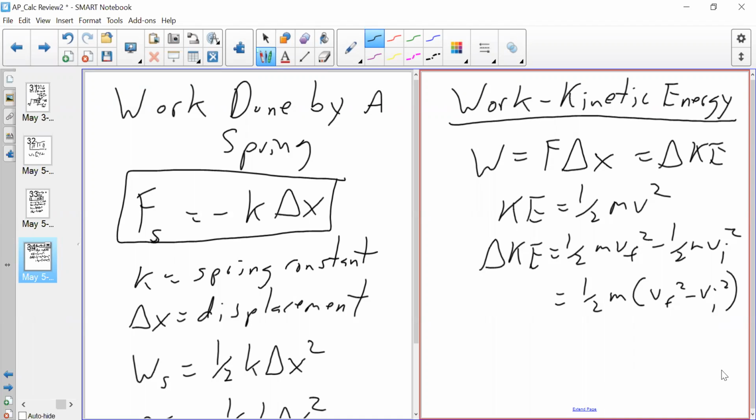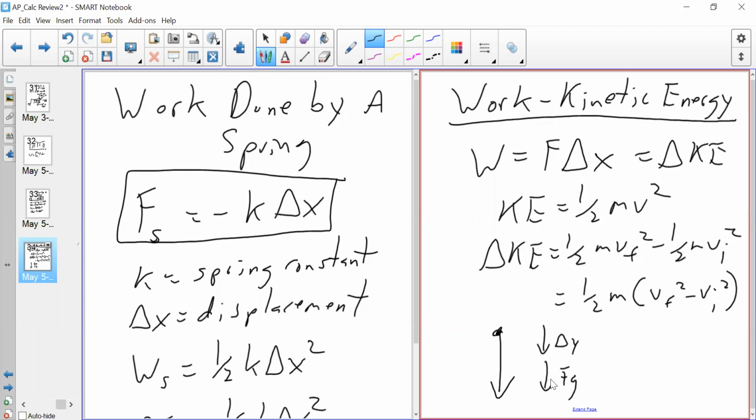We also know that when an object is falling, the work done by the force of gravity is going to be positive, because the displacement delta y and the force of gravity are in the same direction. The angle between these vectors is 0.